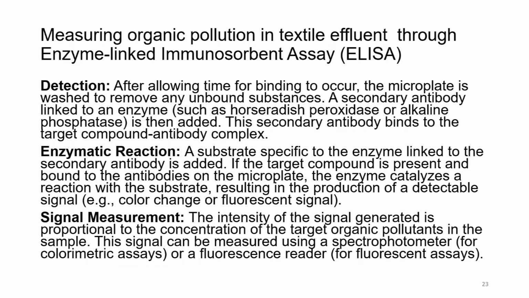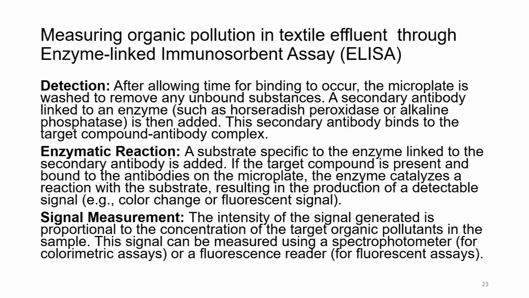After allowing time for binding to occur, the microplate is washed to remove any unbound substance. A secondary antibody linked to an enzyme such as horseradish peroxidase or alkaline phosphatase is then added. This secondary antibody binds to the target compound antibody complex.